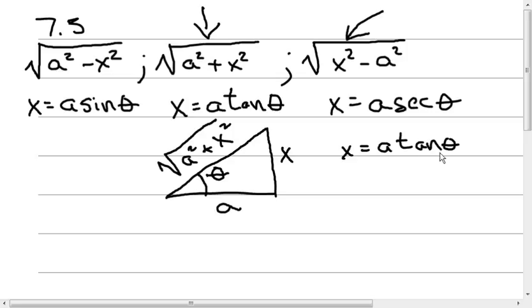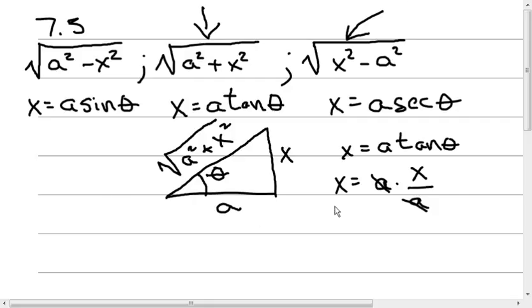Well, what is tangent of theta? That is going to be the opposite over the adjacent. So we claim x is equal to a times the opposite over the adjacent. This cancels with this. X is equal to x. Hey, this worked out. And in fact, if we look at each of these cases, it's exactly the same. We can make our little triangle, and we find out this substitution actually isn't like a rabbit pulled out of a hat. It does make sense in terms of the trigonometry of what's going on.